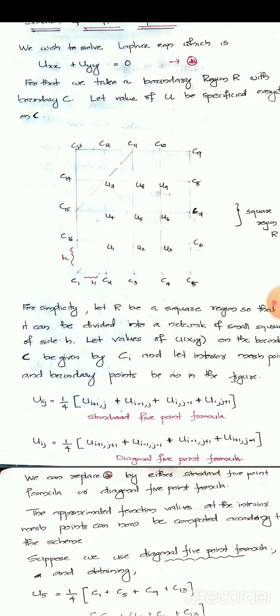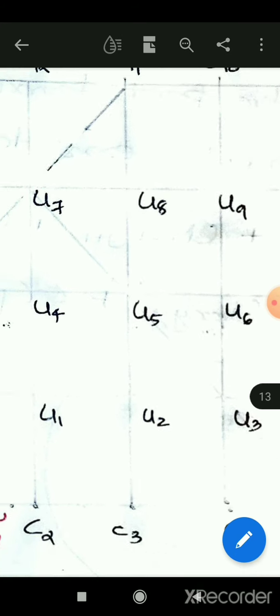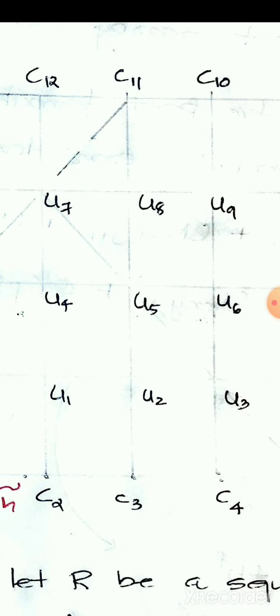And by the standard 5-point formula, u8 can be found from u5, u7, u9 and C11: u8 is 1 by 4 of u5 plus u7 plus u9 plus C11.